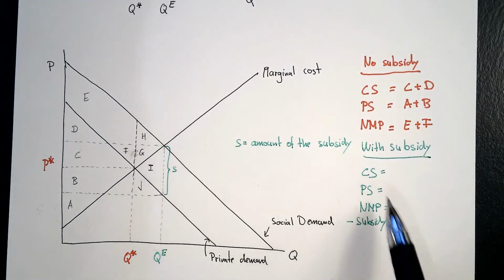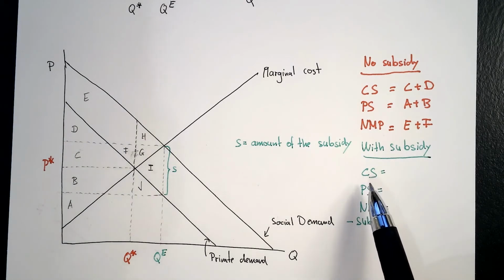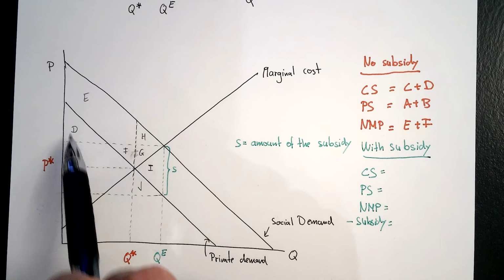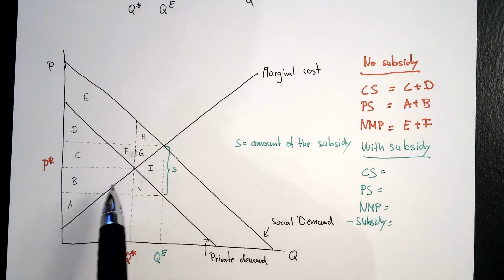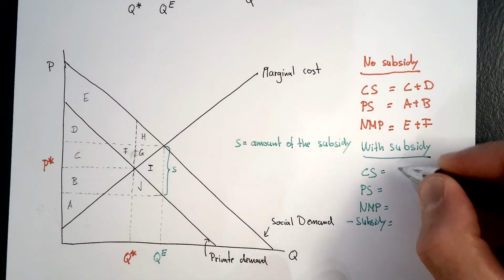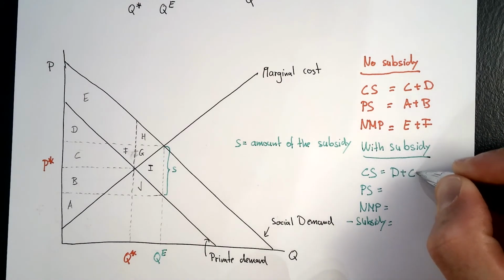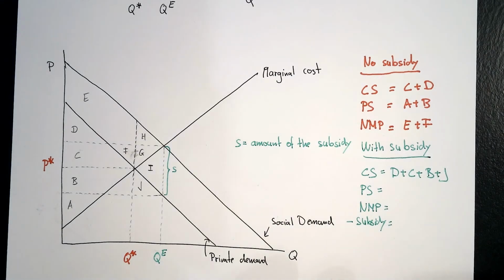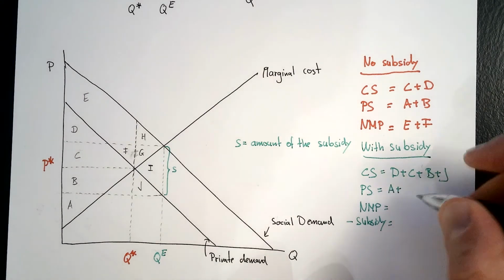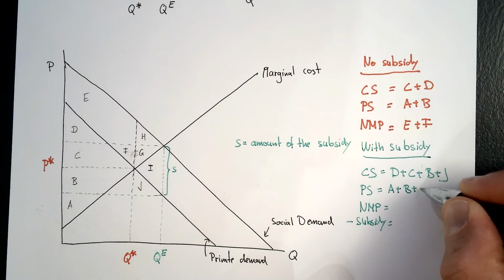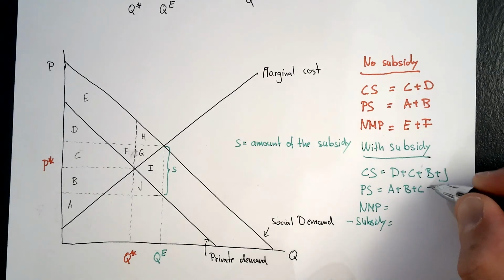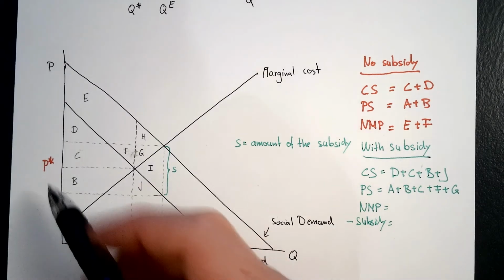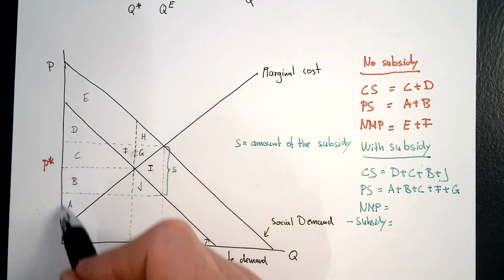We said that the consumer surplus with the subsidy is going to be D, C, B, and J. The producer surplus with the subsidy is going to be A plus B plus C plus F plus G. So this would be this entire triangle here.